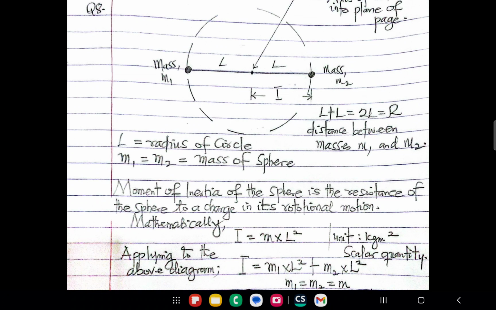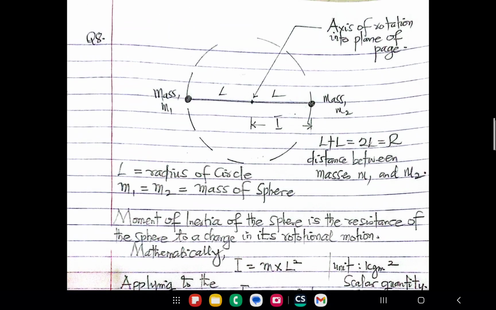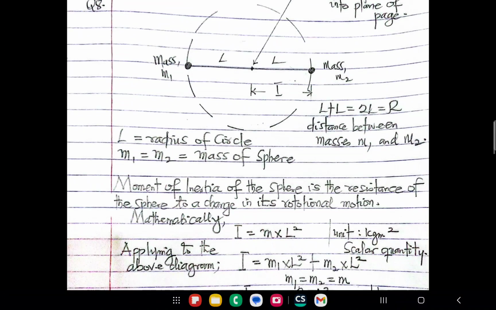I told you before that this question is also under rigid body mechanics, and what we are asked to find is the moment of inertia of the sphere. But you have to know first of all what moment of inertia is. Moment of inertia can be defined as the resistance of the sphere to a change in its rotational motion.